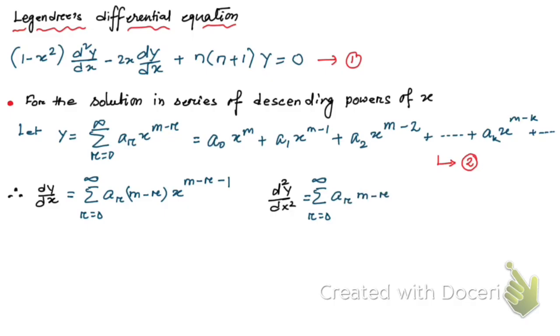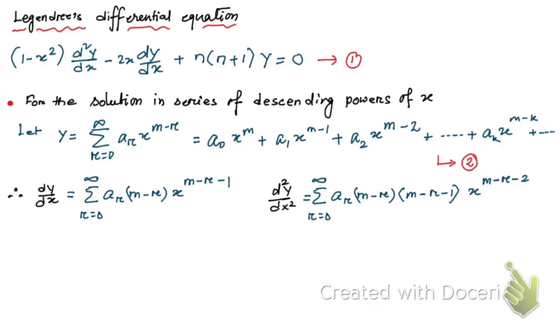This time the power on x is m minus r minus 1, so here we're gonna have m minus r minus 1 into x to the power, again reducing the power by 1, m minus r minus 2. If you subtract 1 from here, you get m minus r minus 2, right?